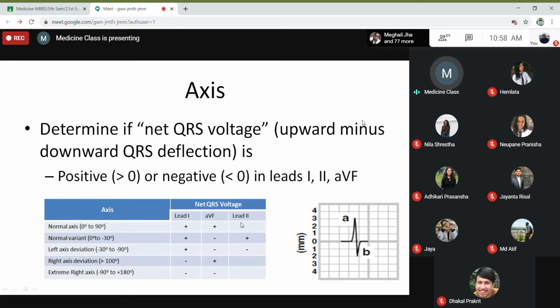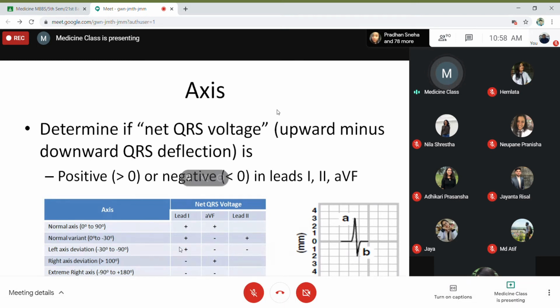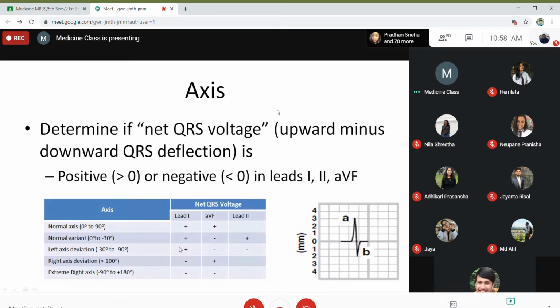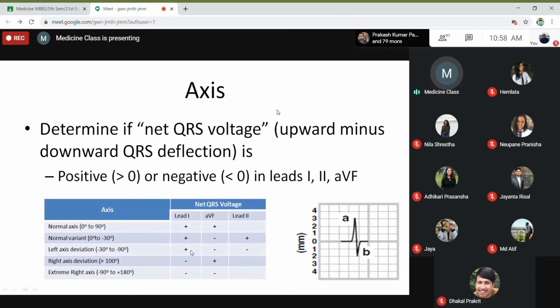We look especially at these two, lead 1 and AVF leads. If lead 1 is positive and AVF is also positive in net QRS complex, then we say that the patient has a normal axis. In right axis deviation, AVF will be positive and lead 1 will be negative.